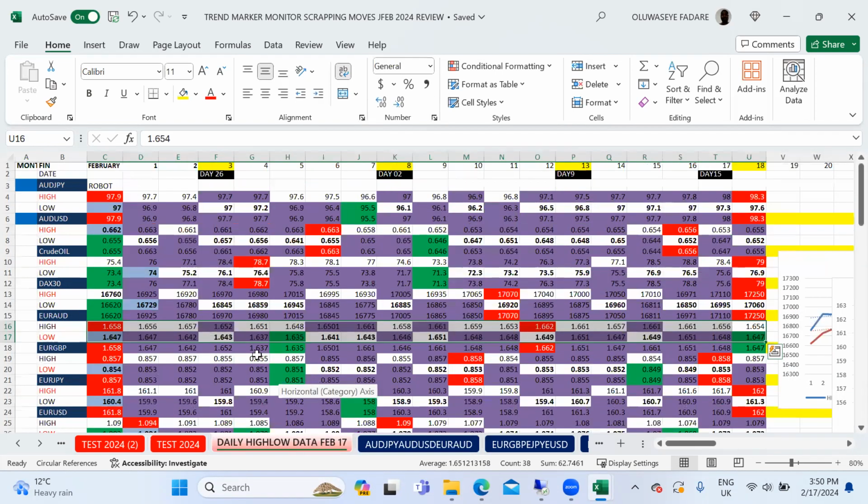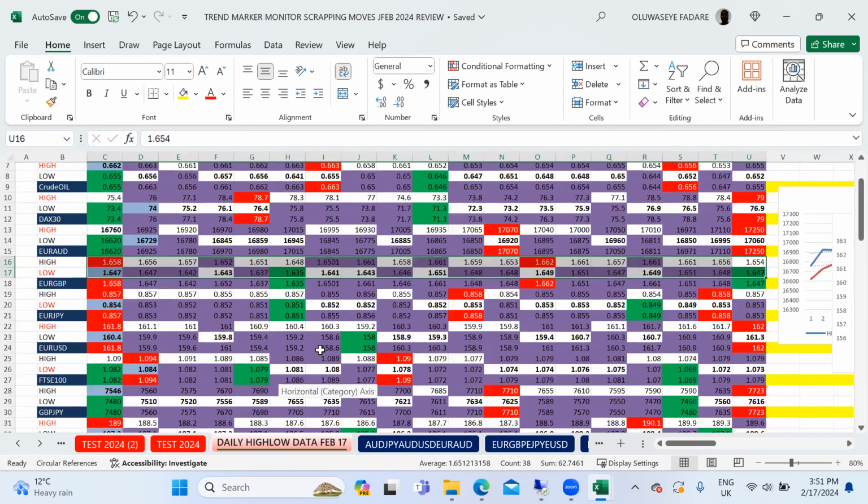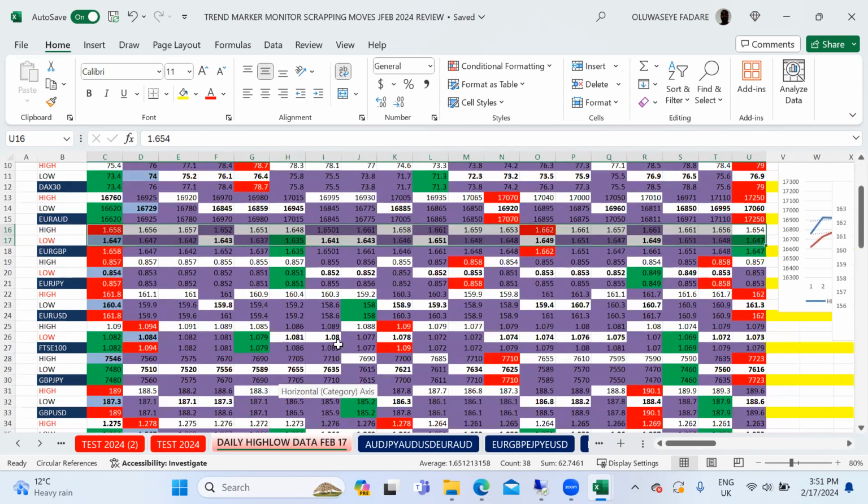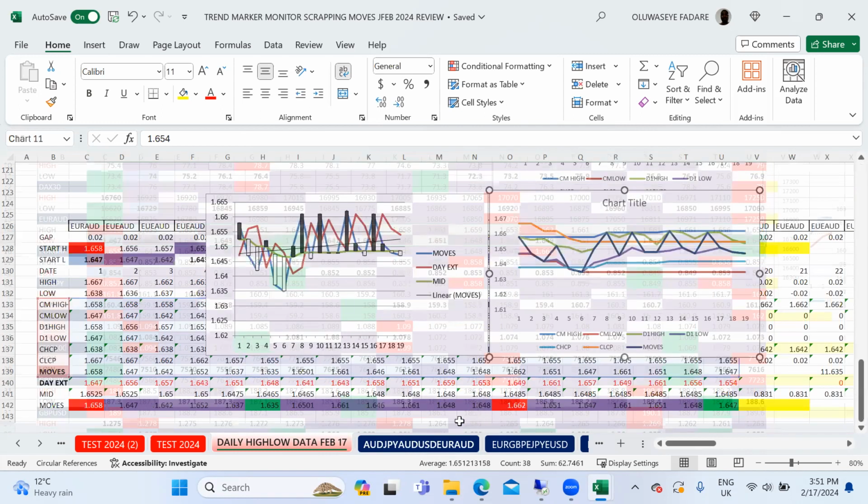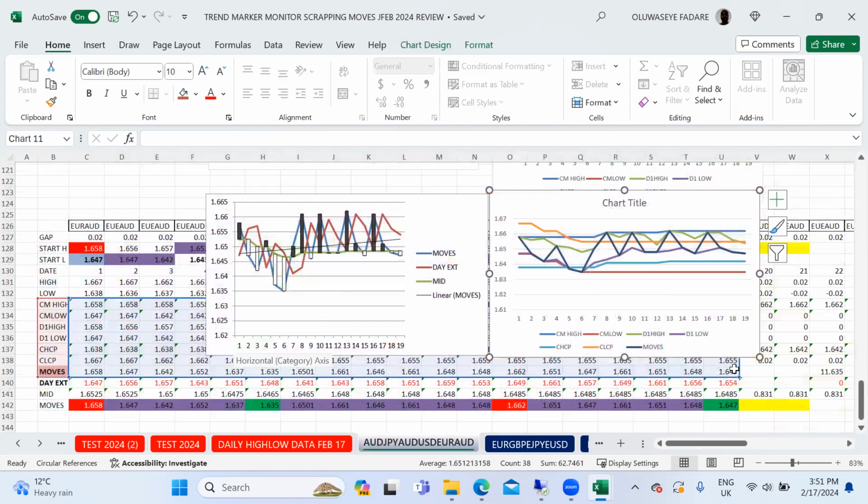As you can see, we've written all the data that has been updated perfectly, and all we need to do is copy that information onto the right track in whichever month we are following, and then use it to get the picture of the market and also to predict the direction of the market.